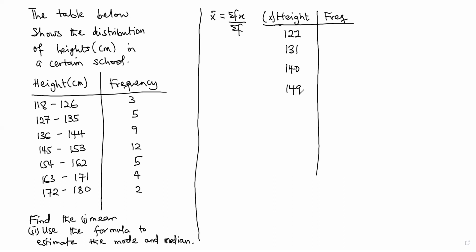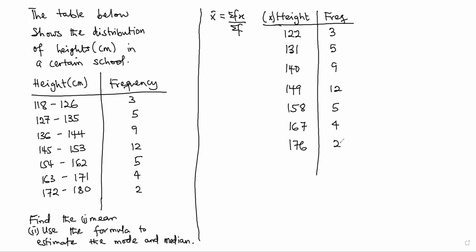And it applies to all like that. So over here we have 158. Over here will be 167. 172 plus 180 divided by 2, 176. Then the corresponding frequencies are 3, 5, 9, 12, 5, 4, 2.